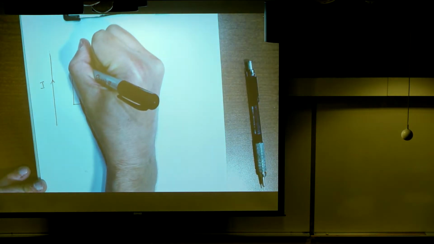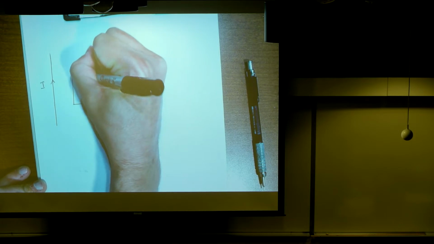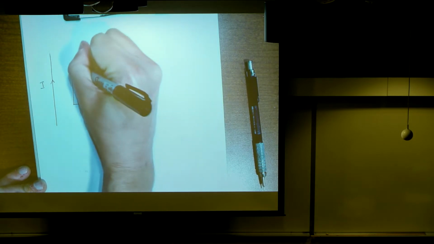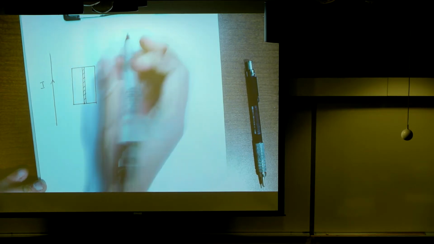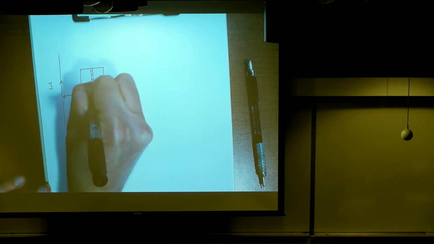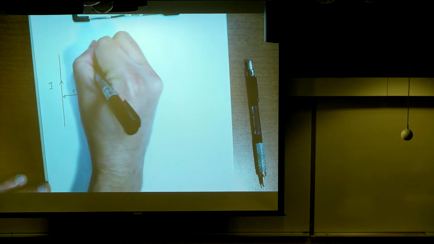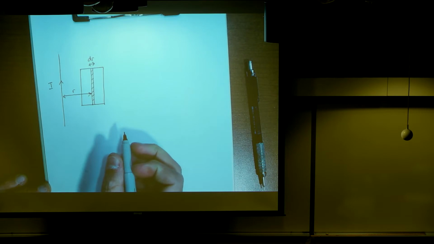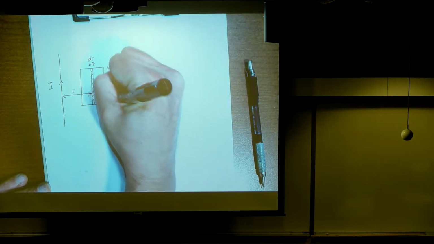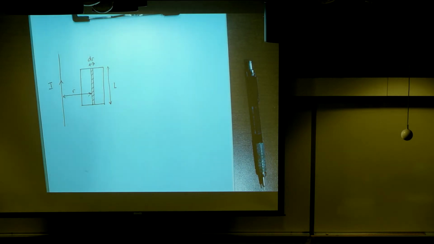So I'm going to break this loop into little strips like this. I'm just going to select some random strip of the loop. I'll shade it so we know which one I'm talking about. And let's say that that strip is located a distance r away. And then let's say that it has a certain thickness to it, which I'll call dr. And of course, this right here is the length of that strip, which we're calling L. Okay?